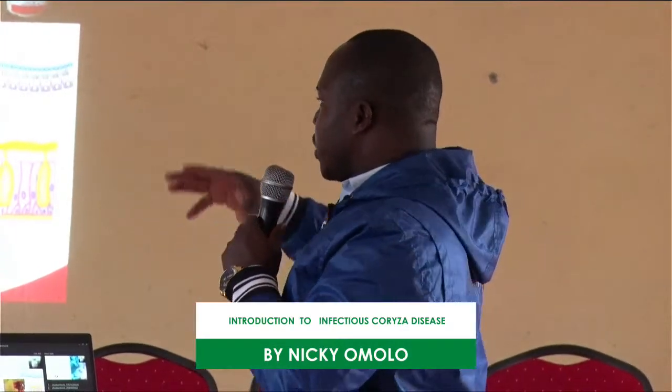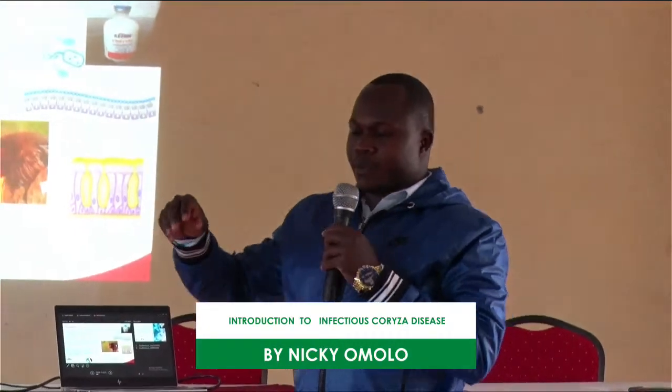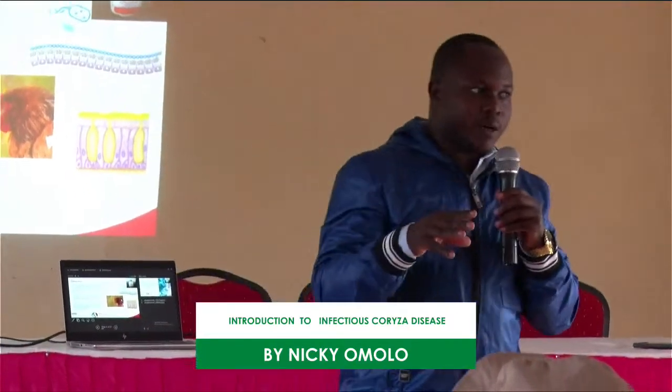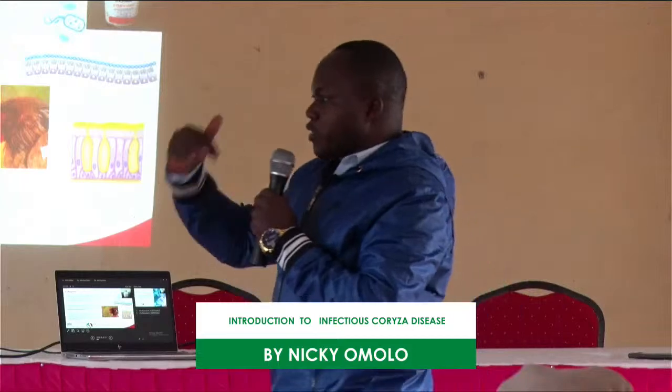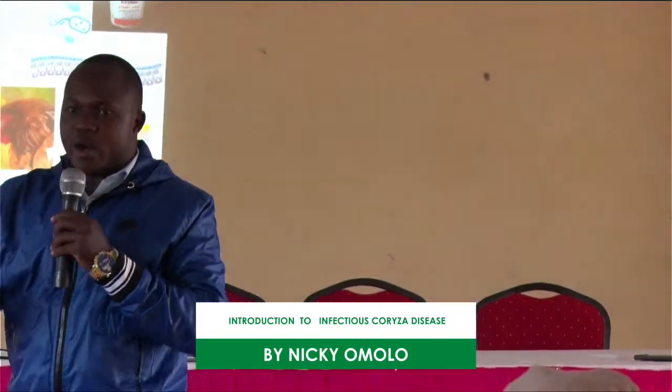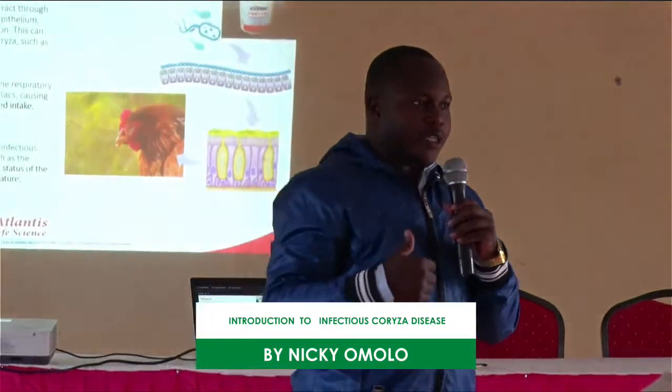So what happens is when infection sets in, there is a bit of irritation along the respiratory system, because that is now a foreign body that has gotten into the body. So the body reacts.